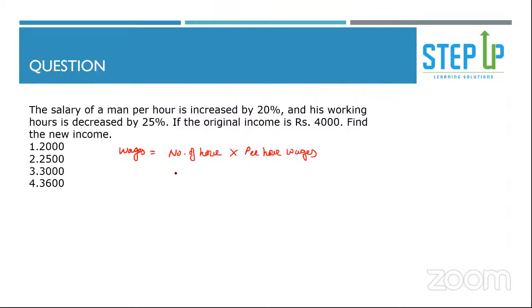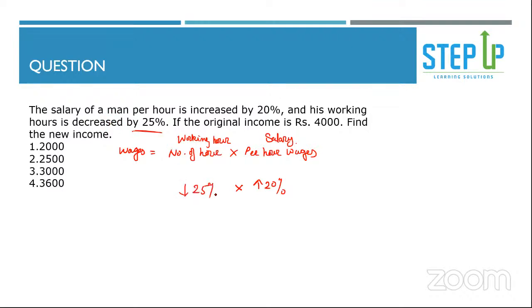Yes, Aditya, that's correct. Right, Binay. So the salary of the man per hour is increased by 20%. This is the per hour wages, salary, and working hours. So the salary is increased by 20% and his working hours are decreased by 25%.